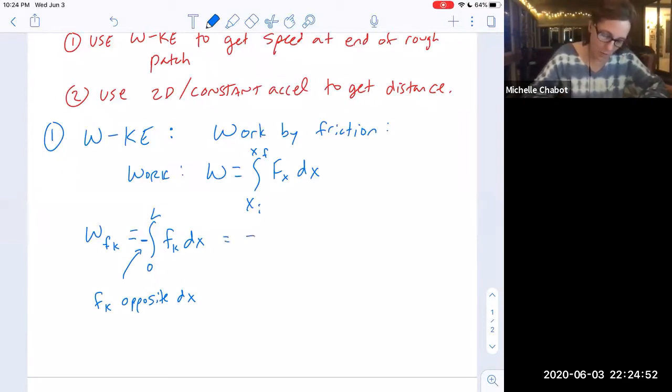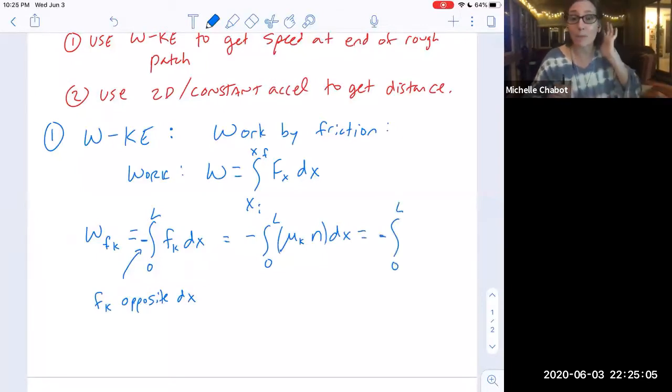So that's going to be equal to negative integral from 0 to L, and then F sub K is mu sub K N dx. I'm doing this little by little because it's the first time that you've maybe seen integrating a friction force. Then mu sub K, we're given as a function, and N is mg.